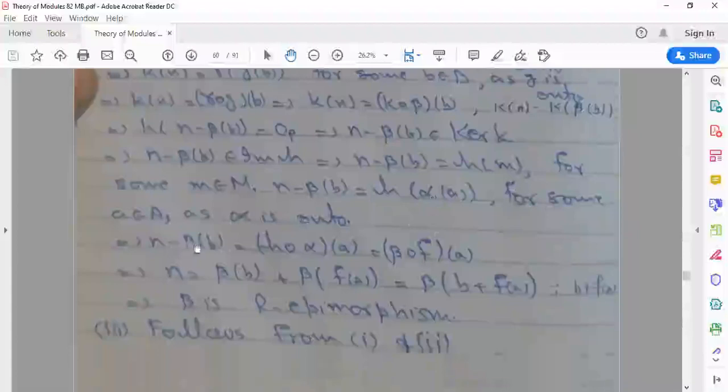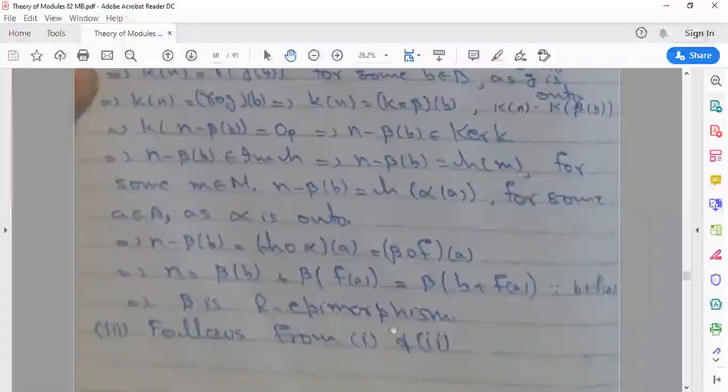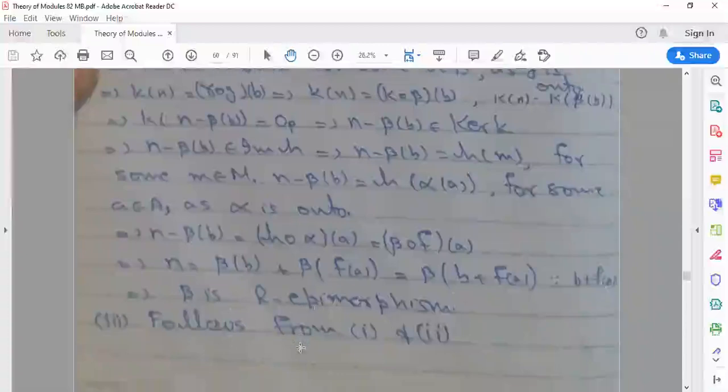So n minus beta of b, we again combine composition of function, and h composition alpha equals beta composition f. So we write n is equal to beta of b plus beta of f of a. We again open the composition of function, which is equal to beta of b plus f of a. So beta is our epimorphism. This follows from 1 and 2.